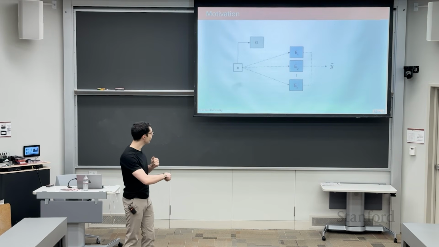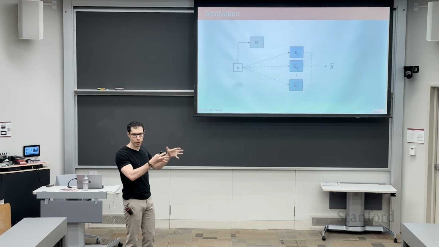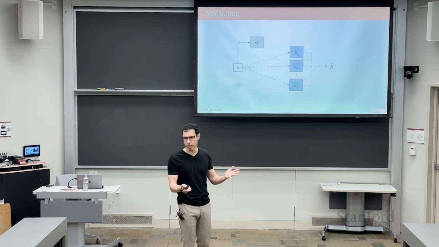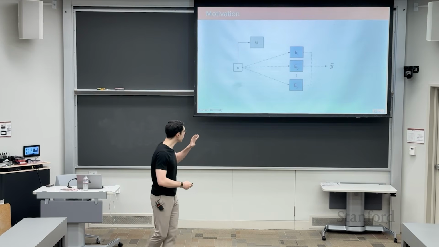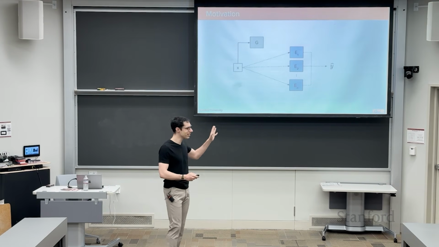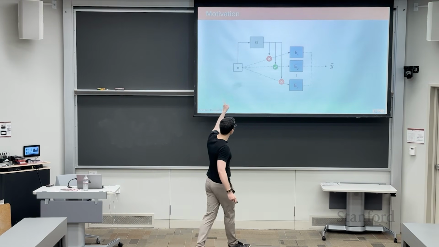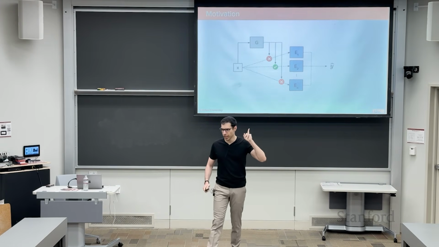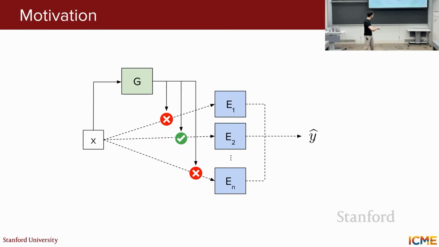So you're going to have, let's say, another network. We're going to call it G, like gate, but it's also sometimes called router. So let's suppose we have some gate that tells us which expert should be involved in the inference.